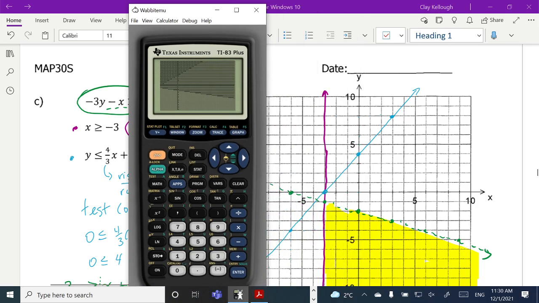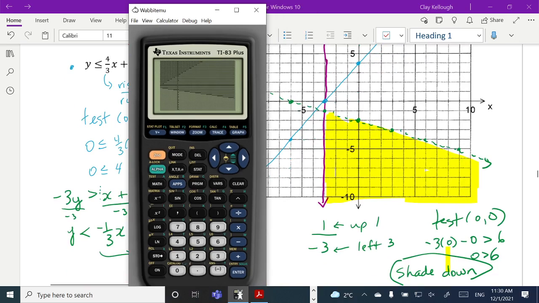So basically, can you see this? This is my picture right here. I'm just boundarying it right here. And there it is. This white zone here is this yellow zone. The best I can do on a TI if I have to graph x is greater than or equal to is make it a window boundary.